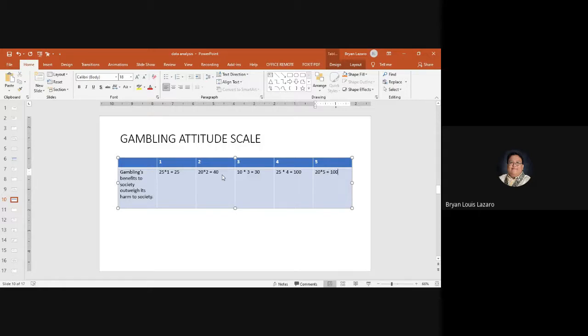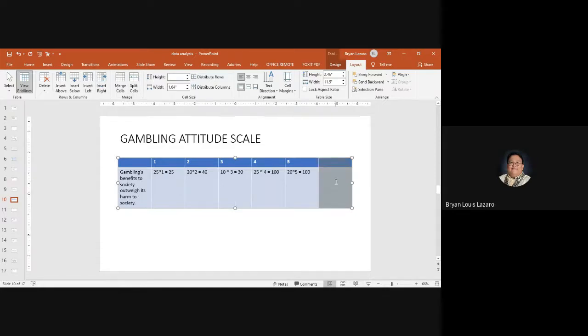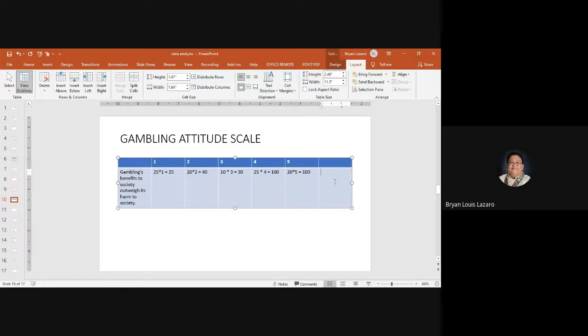Okay, so what's the next thing to do? Idi-divide po siya. So, idi-divide natin siya. So magiging 25 plus 40 plus 30 plus 100 plus 100, equals ilan? 290 po.